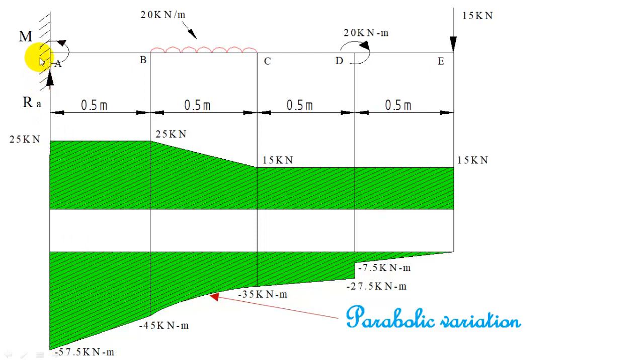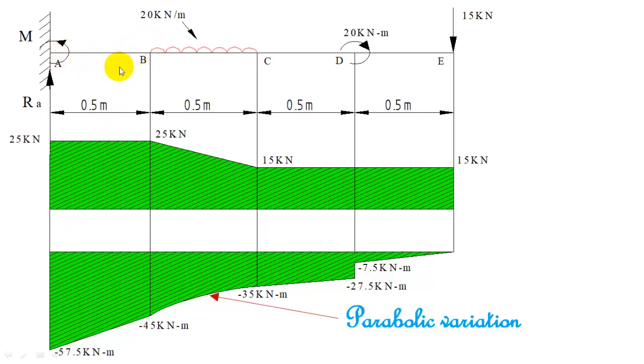Now the bending moment diagram. Left of A the bending moment is 0, right of A it is minus 57.5. So immediately at A the bending moment is changing from 0 to minus 57.5. You have to show that change at A. Then at B we got the bending moment as minus 45.